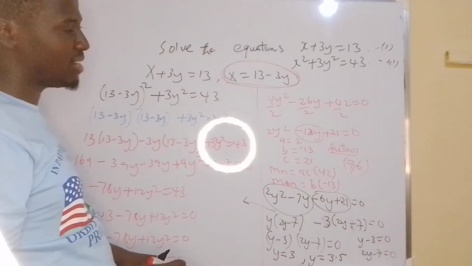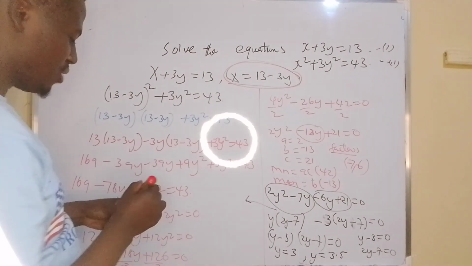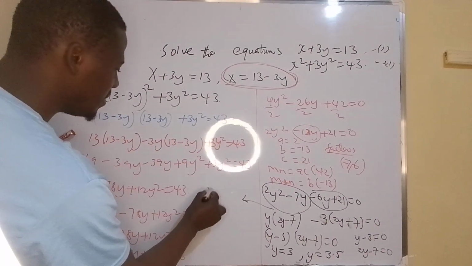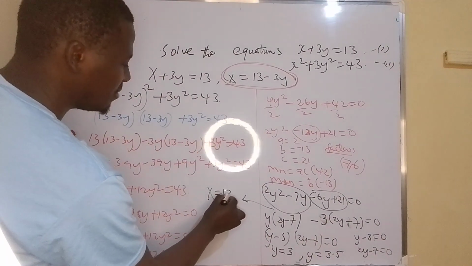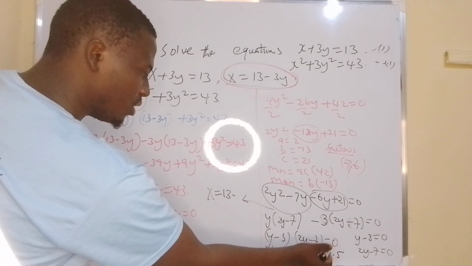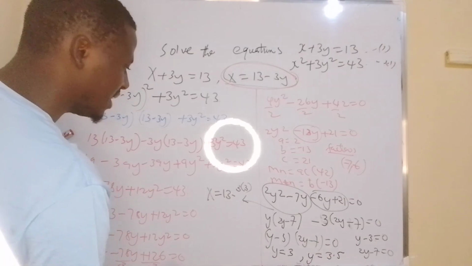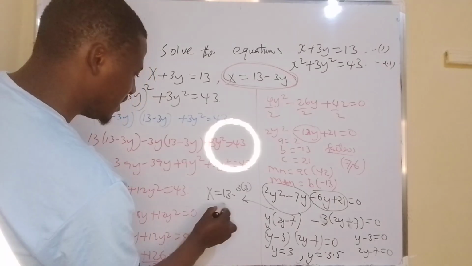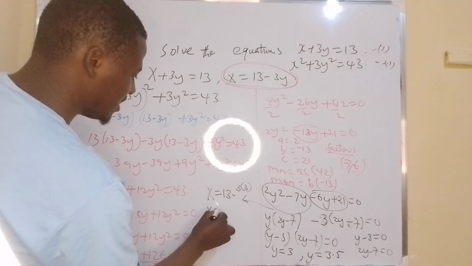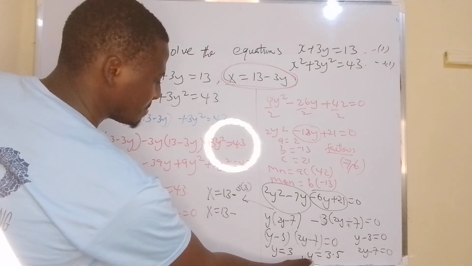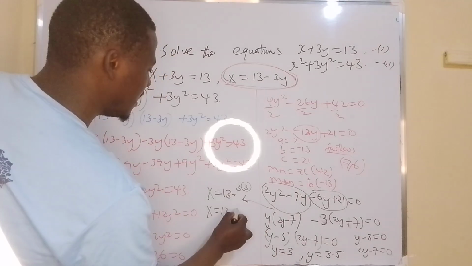So x will be equal to 13 minus 3y. When y is 3, x will be what? And when y is 3.5, what will x be?